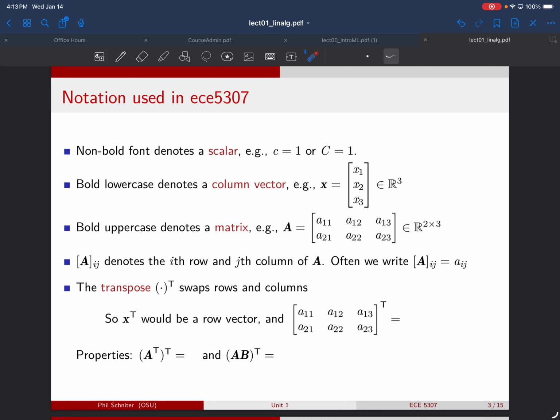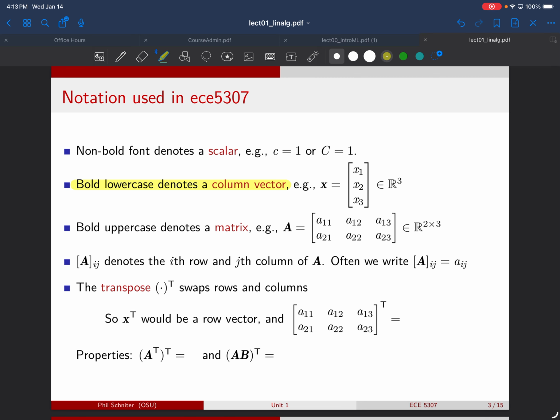Now, if you see a bold-face quantity, like this bold X, and it's lowercase, that's going to represent a column vector. A column vector is this column-wise stack of scalars. In this case, this is a vector in R3.